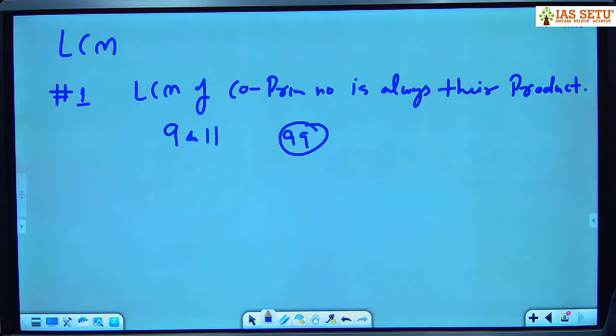Now here, come to the topic LCM. LCM of co-prime numbers is always their product. Yes, we have to do manual checking for that type of question. 9 and 11, 99.